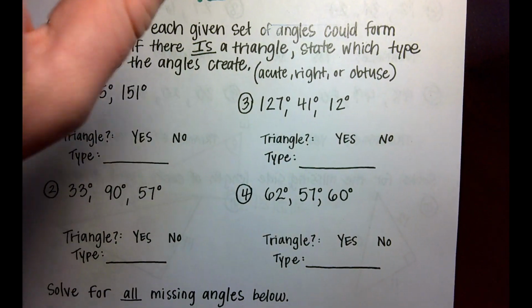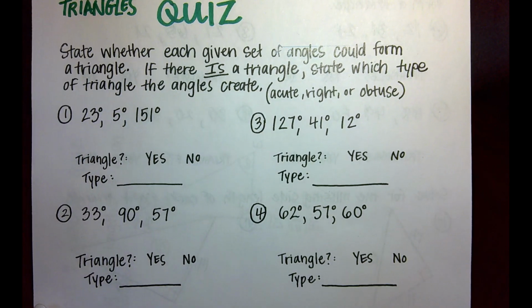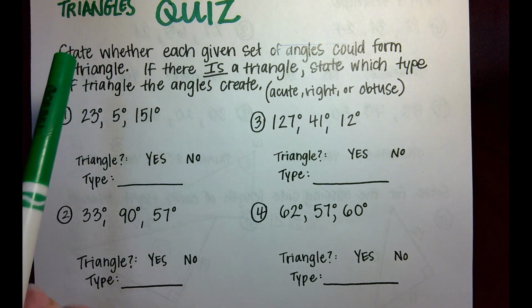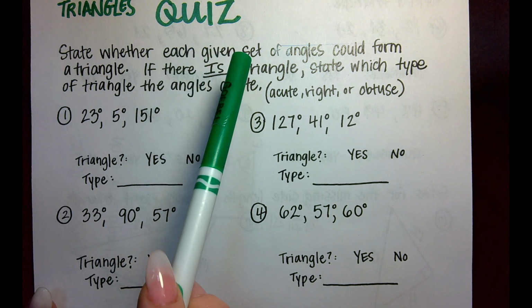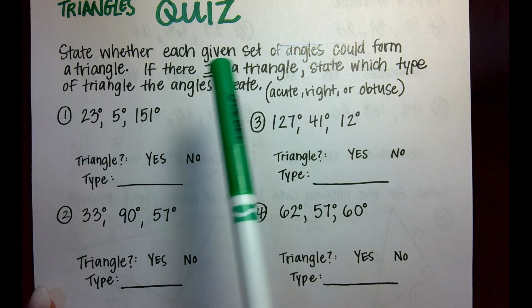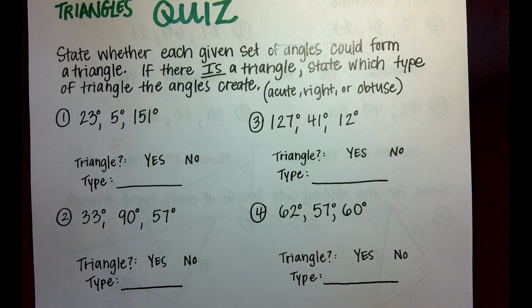So on the first page, we are looking at angles in a triangle. And numbers 1 through 4, our directions say to state whether each given set of angles could form a triangle. Now, if there is a triangle, then you're going to state which type of triangle the angles create.